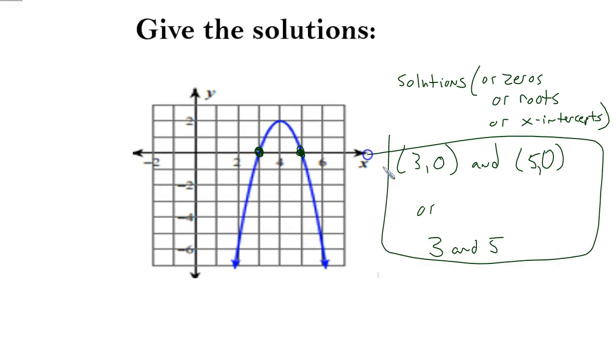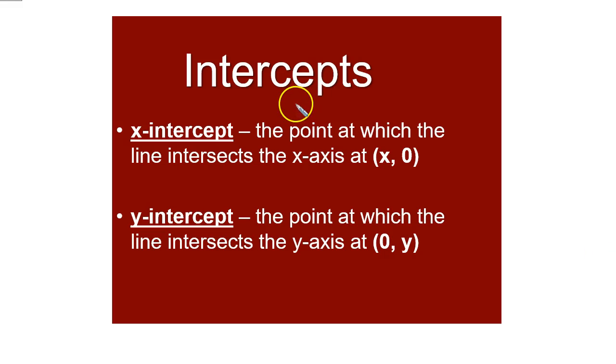So either of those ways to represent the answer would be fine, as coordinates or as numbers on the x-axis. Those are the solutions. Again, intercepts are just where the graph, the function, crosses an axis. The x-intercept is where it crosses the x-axis. It's always going to be in the form of some number, 0, just like we saw a second ago.